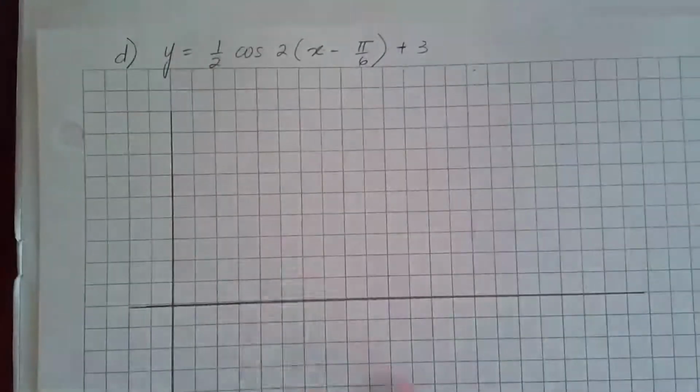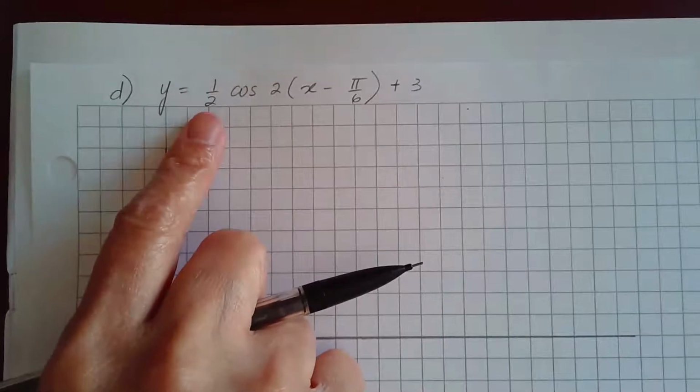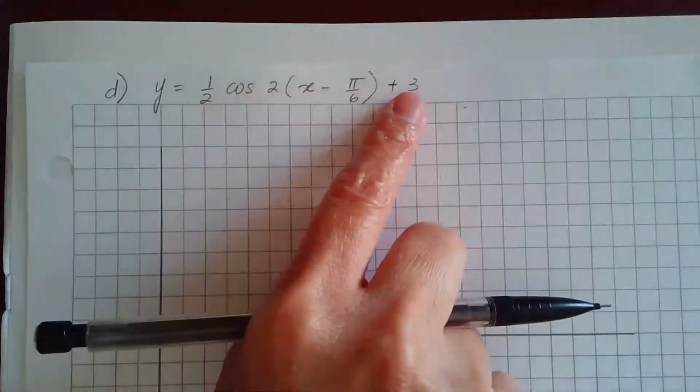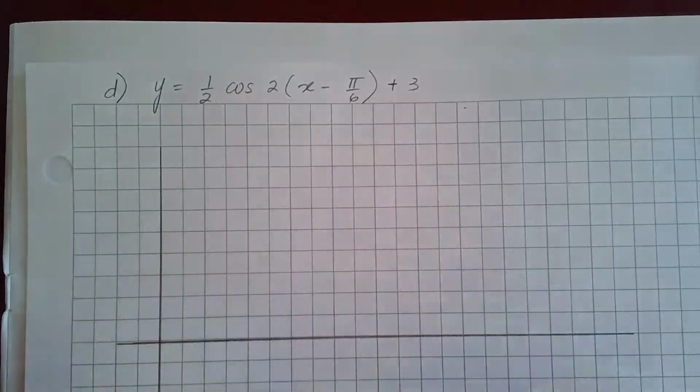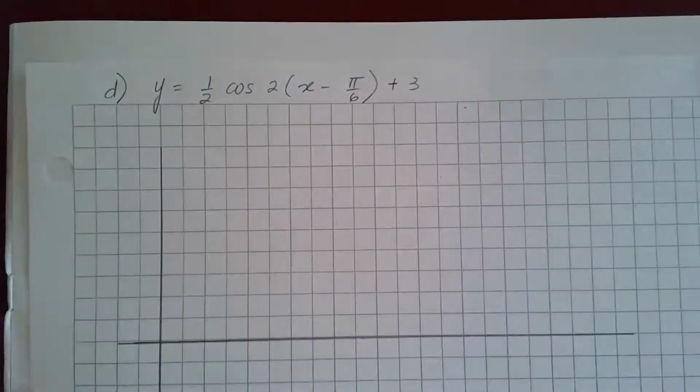Okay, now my amplitude is really small, which is 1/2, and then I have to go up 3. That's our midline, it's going to be at 3.